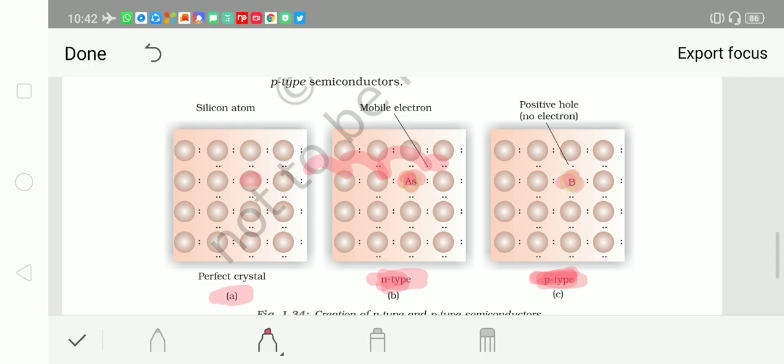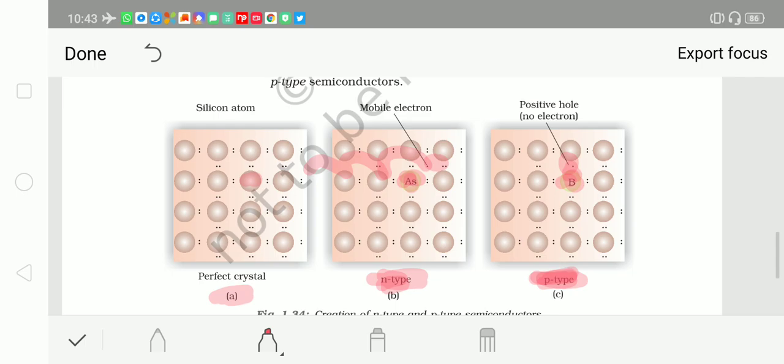So all 3 are accommodated with the nearby silicon atoms in covalent bonds, and one position becomes free. Here one position is free, which is because of the lack of one electron, which is not available in the case of boron. So this may be considered a positive hole. This is considered a positive hole where no electrons are there. And now if you are passing current through this semiconductor, then what is happening?